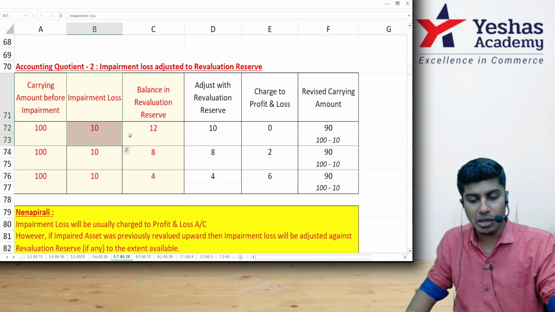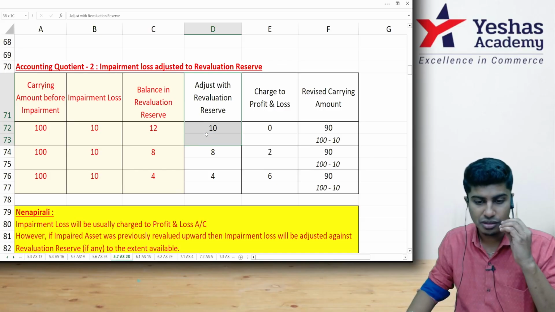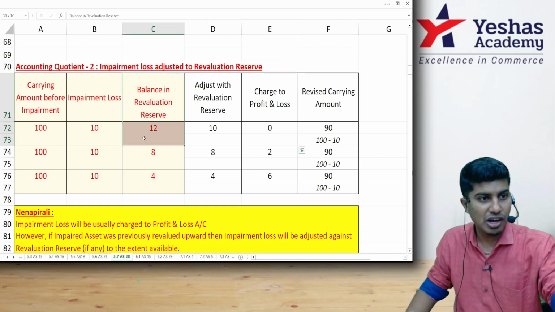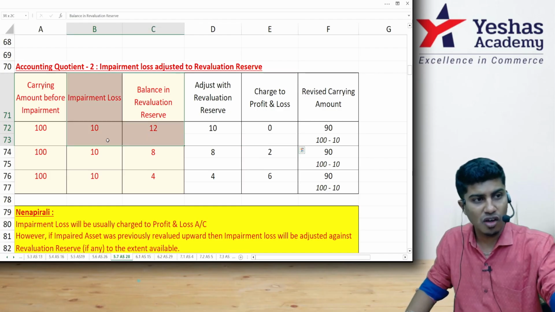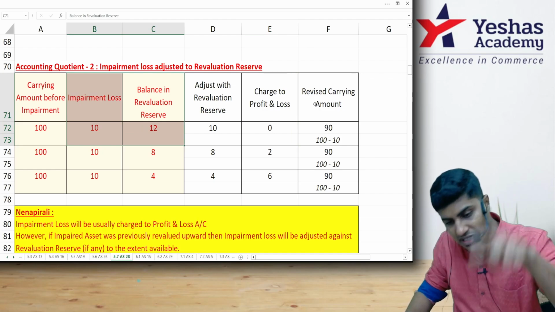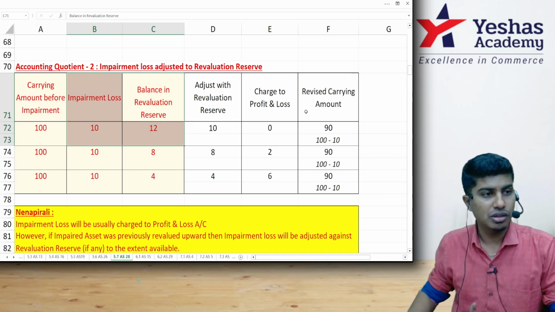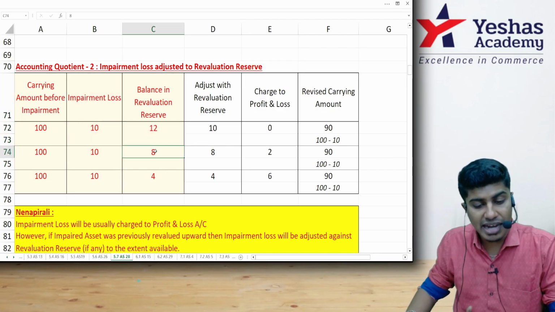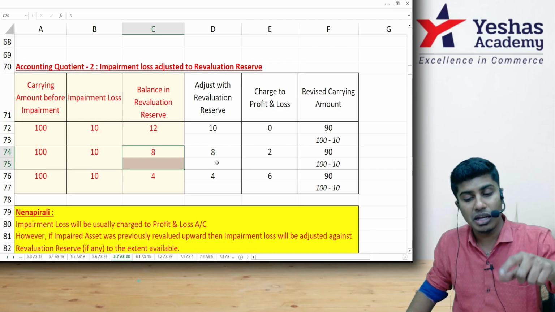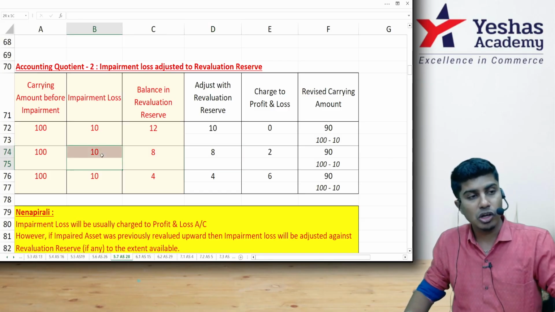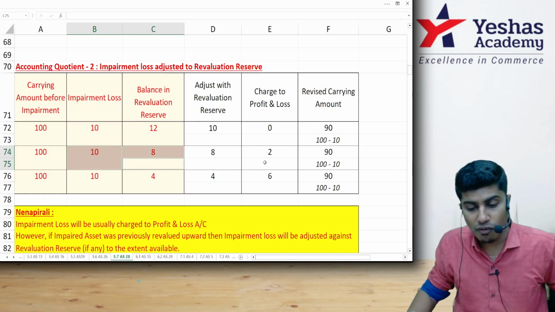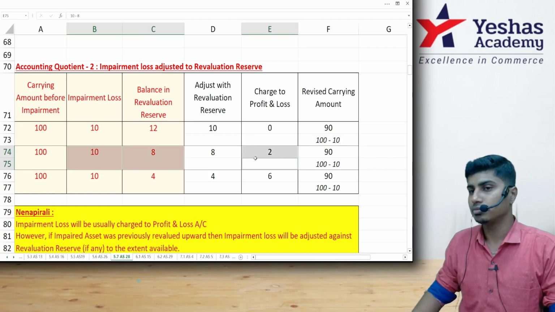Adjust the entire 10 impairment loss against revaluation reserve, and 0 will be transferred to P&L. 12 is the balance in revaluation reserve. After adjusting 10 of impairment loss, 2 will still remain in revaluation reserve. If impairment loss is 10 and revaluation reserve is 8, then revaluation reserve will become 0. Because impairment loss is 10, we adjust against revaluation reserve 8. The excess of 2 only will be charged to P&L.